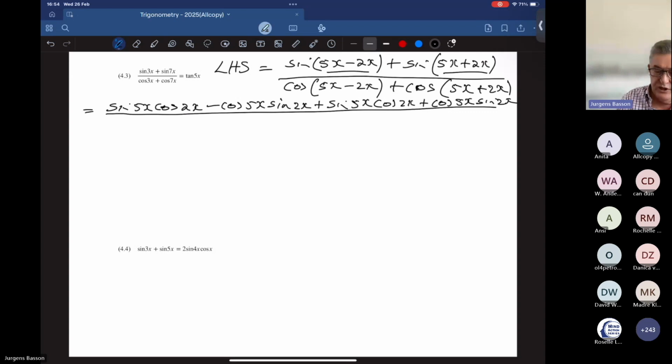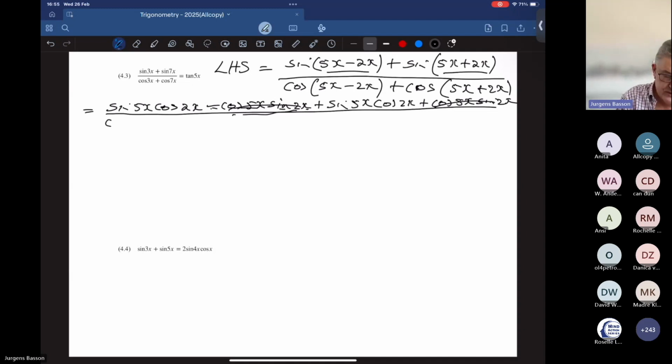Now, before we do the denominator, always look for the negative term. Cos 5x sine 2x is negative. Cos 5x sine 2x is positive. This term, that term will cancel. And if you look at the 2 remaining, they are the same. So we get 2 of them. Let's just expand the denominator.